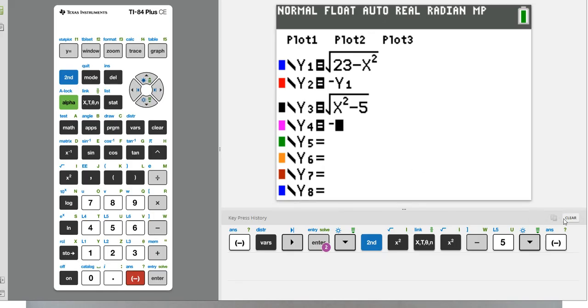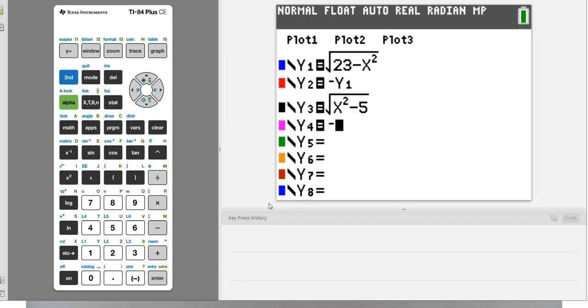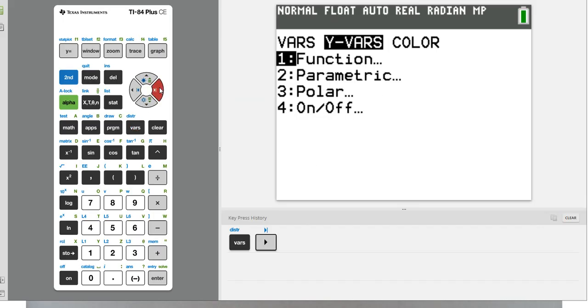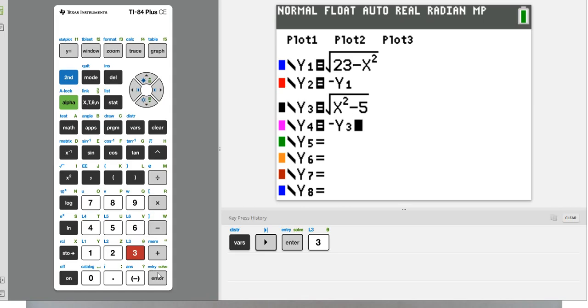So let me clear out these down below so you can kind of follow along with my keystrokes again. You're going to hit the vars key, cursor to the right once, y vars, press enter. This time I want to choose the third option down, the opposite of y3. So there you go. So a little bit of a trick, kind of nice.